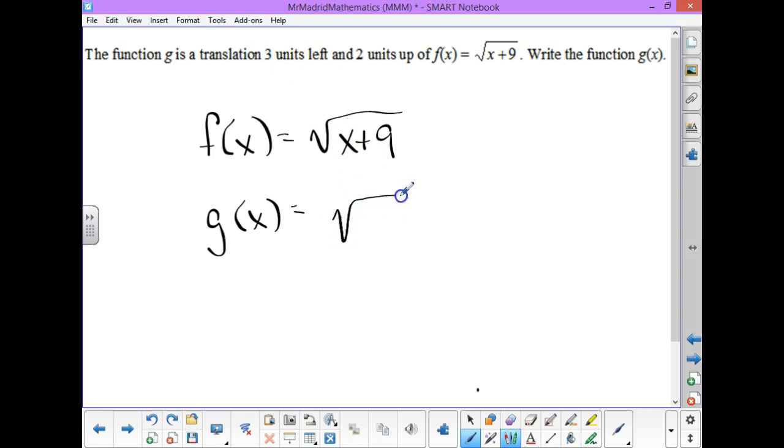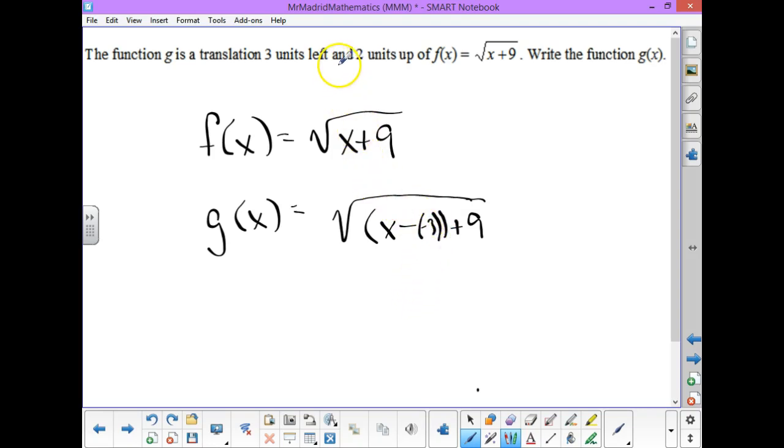So I'm going to come in here, x. It's already got a plus 9, so I'm not going to mess with that. However, I'm going to translate it 3 units left. How do I do that? Well, I need an x minus, that's standard. But if I put a 3, that'll go right, so I'm going to put in a negative 3.